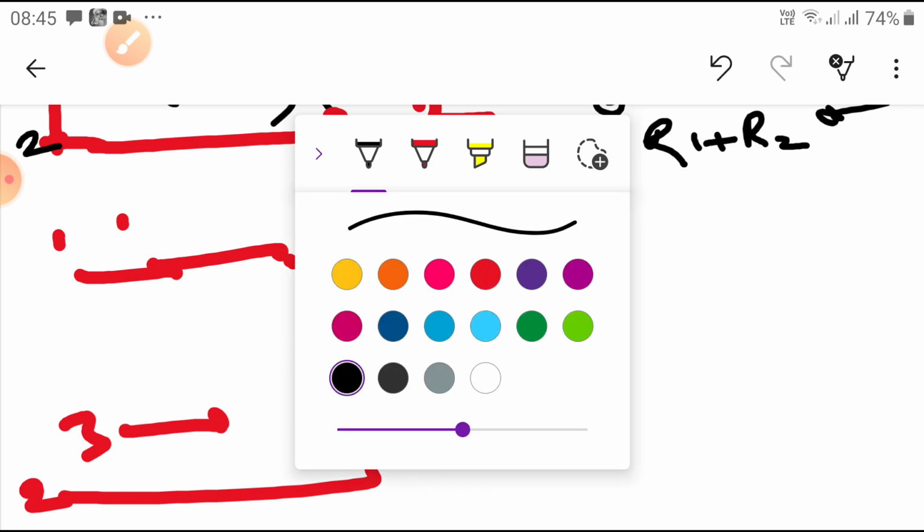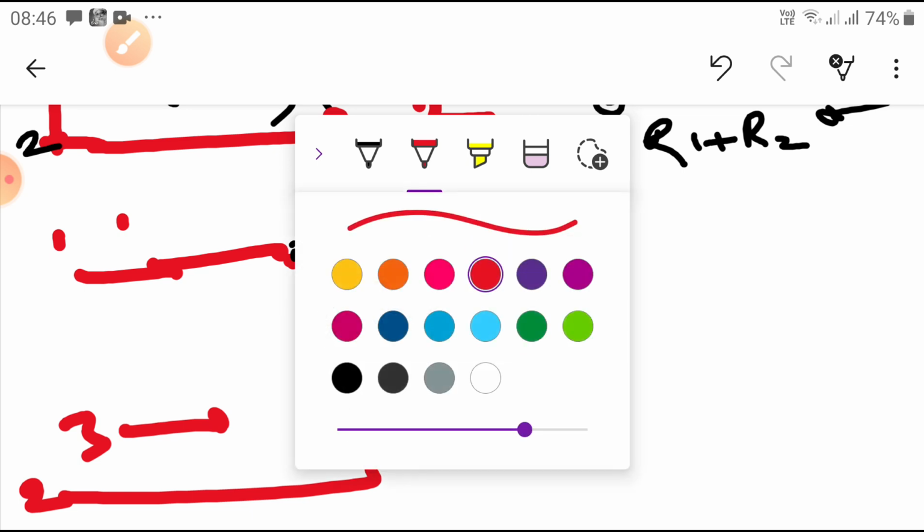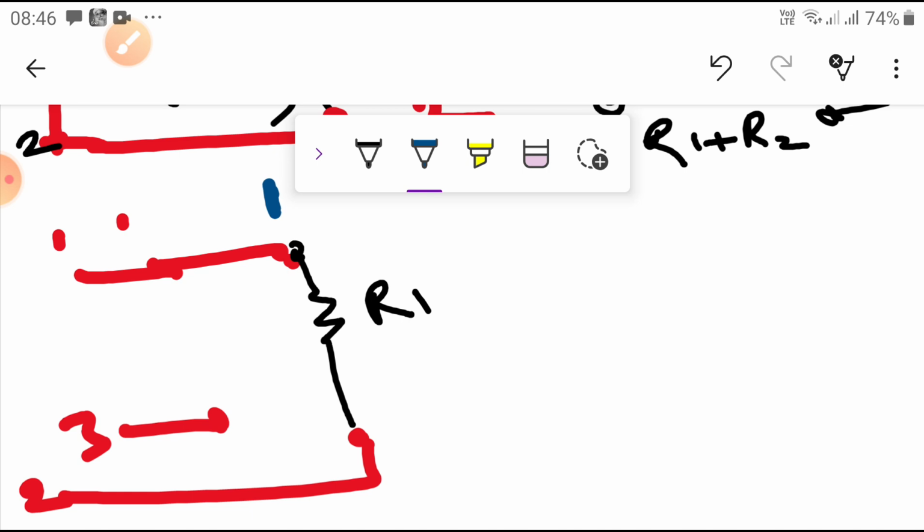Let us see the same resistors. Here is one resistor connected, R1, and next these terminals we can represent in another color. Node 1, node 2, node 3.